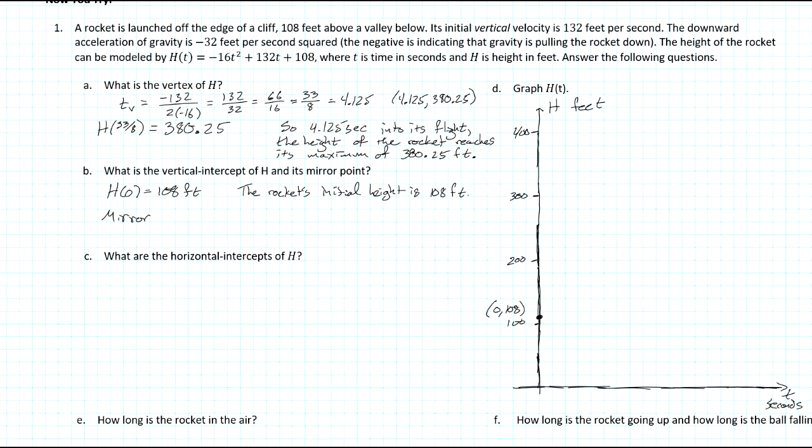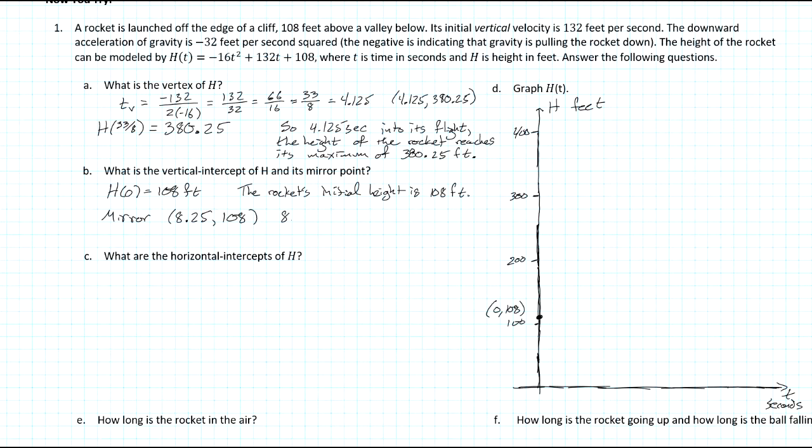108 feet. The mirror point is going to need to be, well, for the t value of the vertex, it was 4.125. So if we double that, we'll get 8.25, comma, the same height that we start with there, 108 feet again.